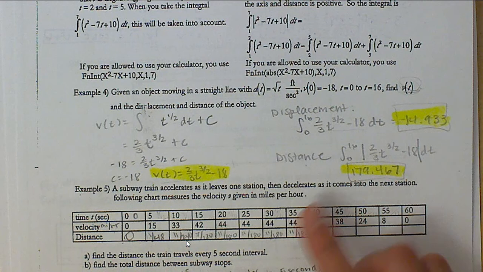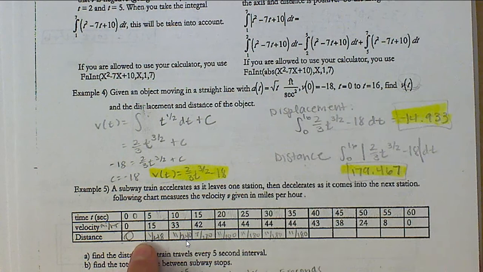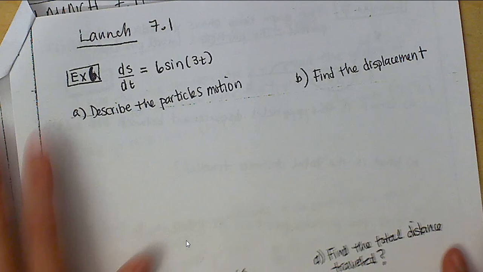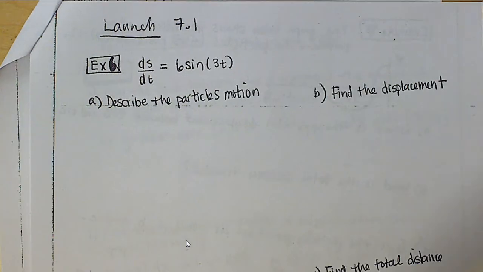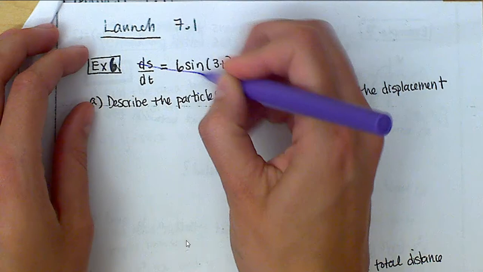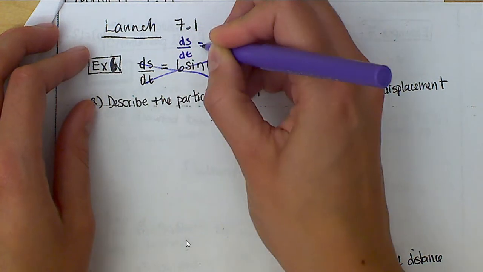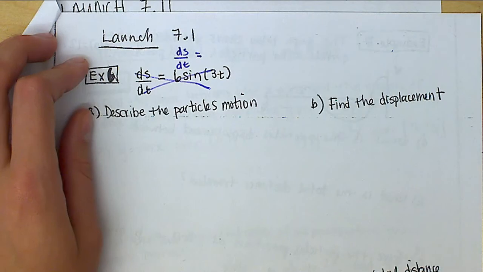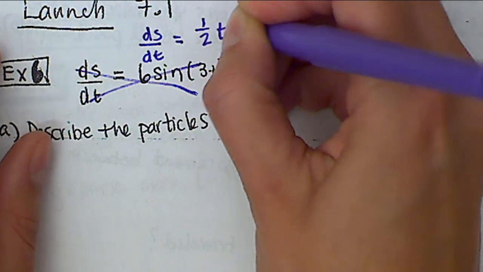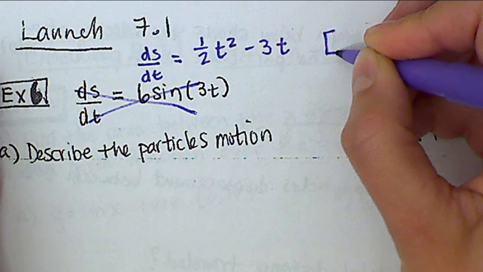We're going to skip example 5 for right now because it's a little tedious to do for notes. Go ahead and flip to example 6. I'm going to make an amendment for example 6. We're going to say let ds dt equal 1/2 t squared minus 3t, on the interval between 0 and 10.